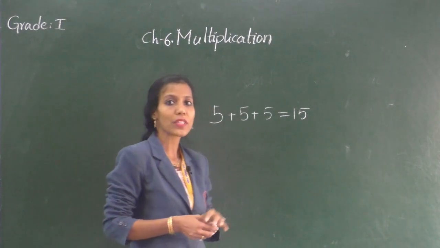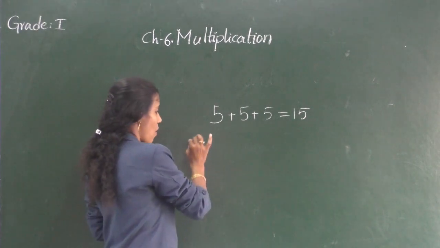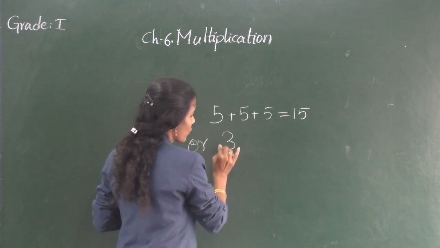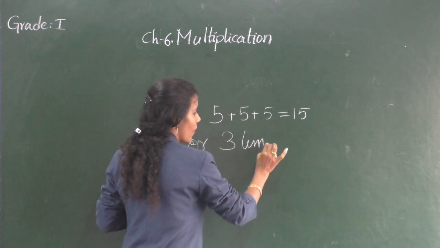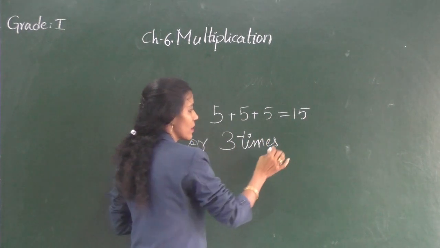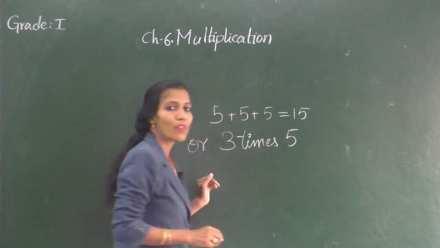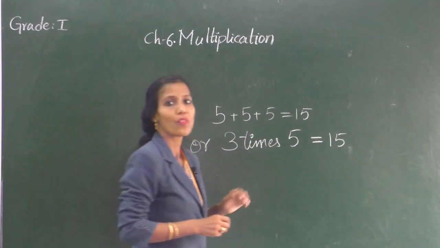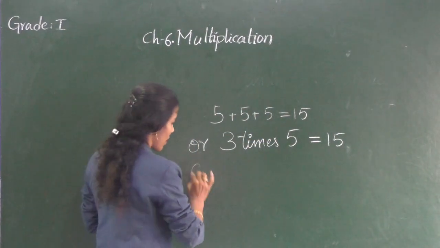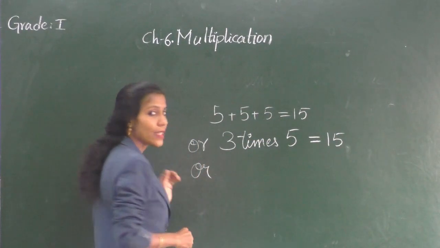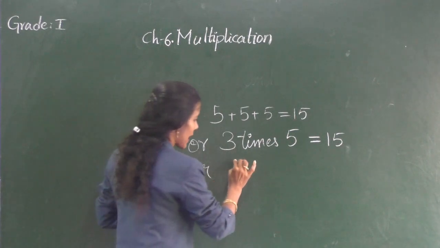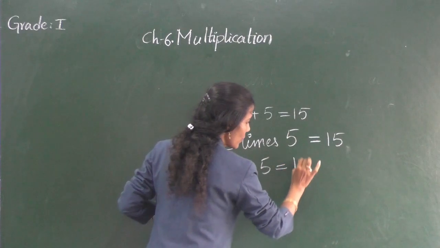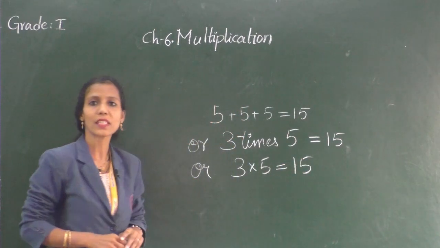So this expression can be written as 3 times 5, that is equal to 15. Or we can write it as 3 into 5 is equal to 15.